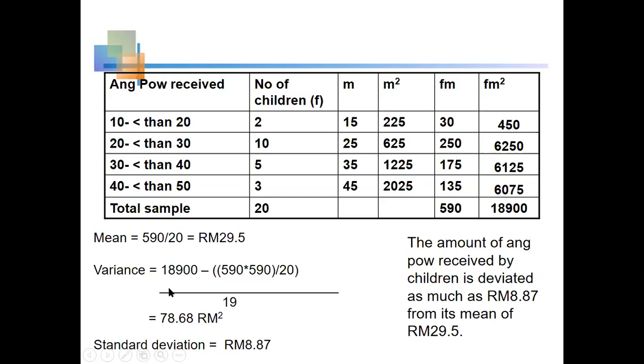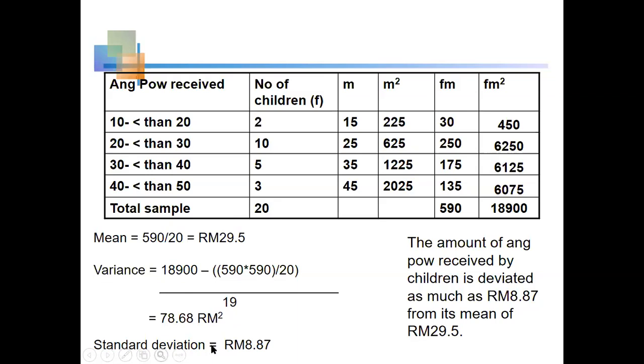This is 20. And all divided by n minus 1, 20 minus 1 is 19. After calculation, you will get 78.68. So this is the variance. That's why it has the square.